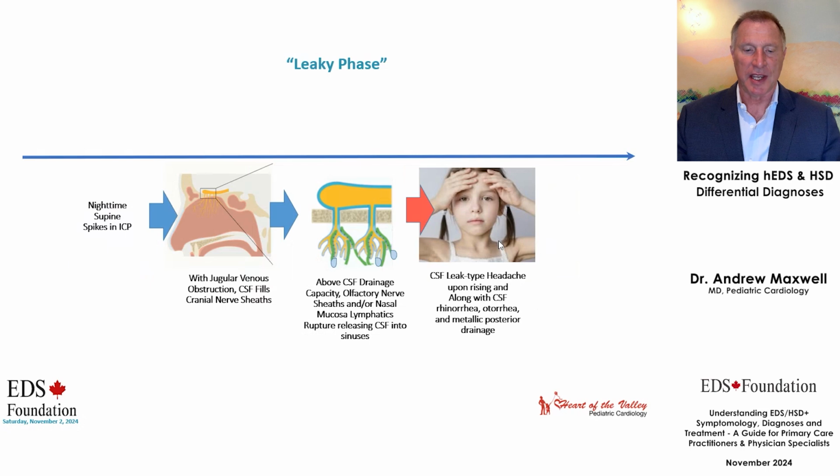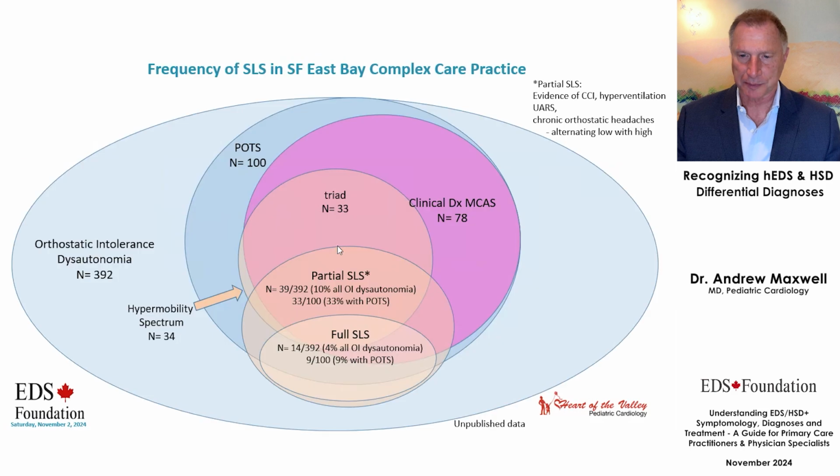Some of these patients we found tend to spike so high that they actually leak their CSF fluid into their nasal sinuses and create a CSF leak type of headache afterward. So that's the leaky phase of spiky leaky syndrome.